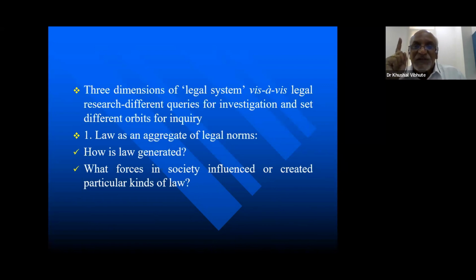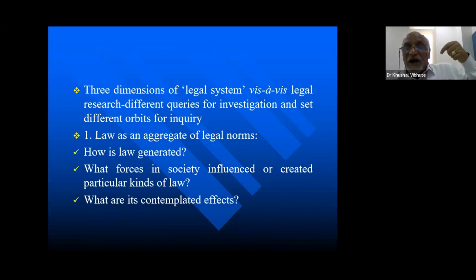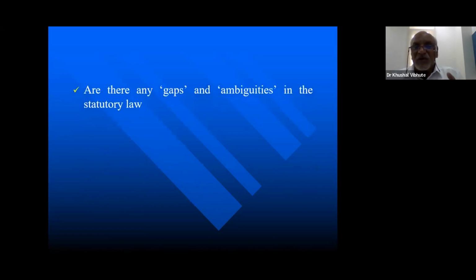Who were they? What was their intent? Who initiated, supported, or objected to that fact being converted into a legal fact? Why was this norm converted into a legal norm? For what reasons? What are the contemporary effects of that legal fact? Then, assuming that this legal fact has come, what are the gaps in the law? Are there any gaps or ambiguities in the given law?